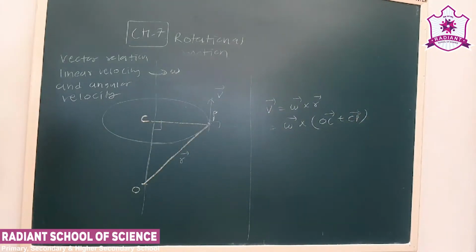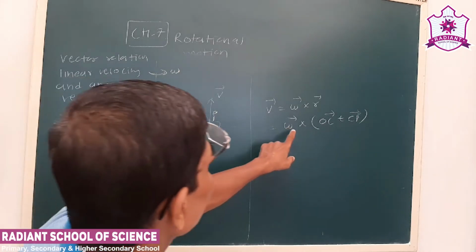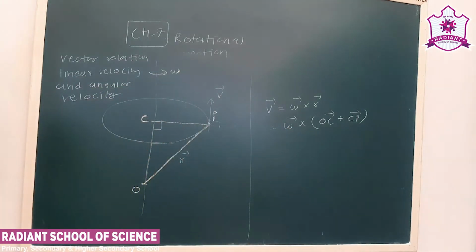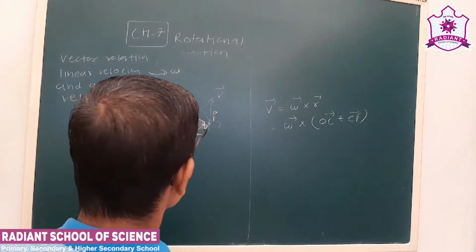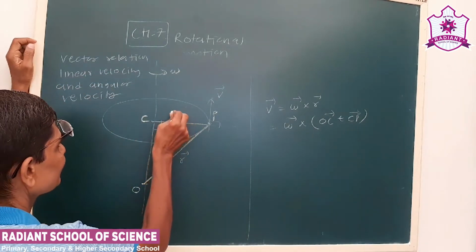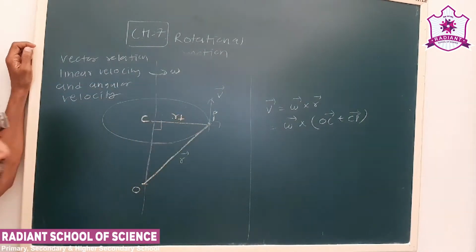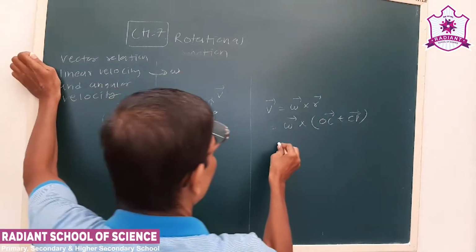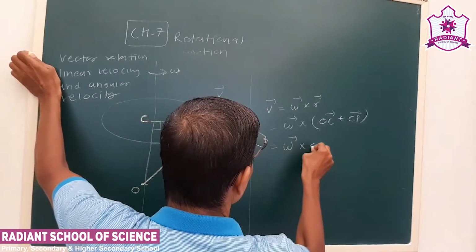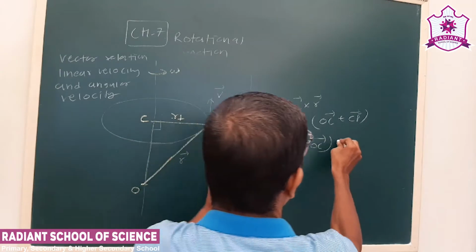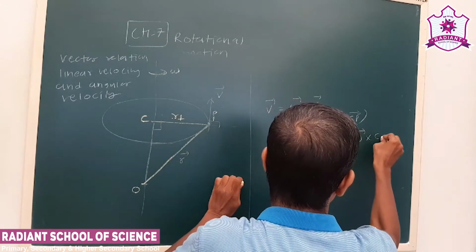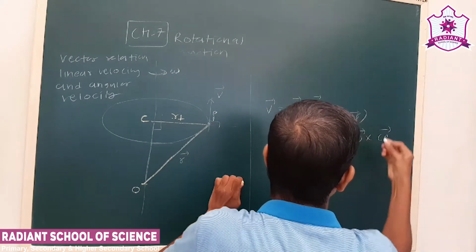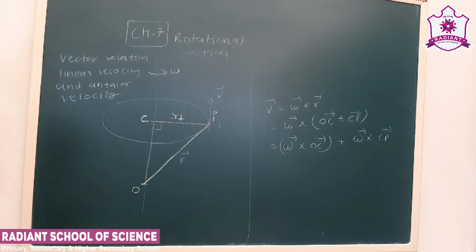Now we have to use the distributive law for the vector product. The distance CP is r perpendicular. First we can write omega cross OC plus omega cross CP. Now see the vector product.